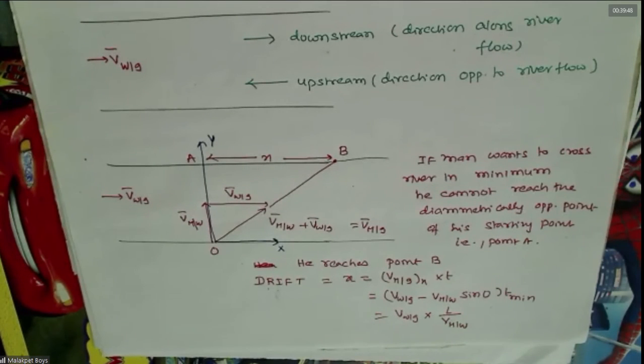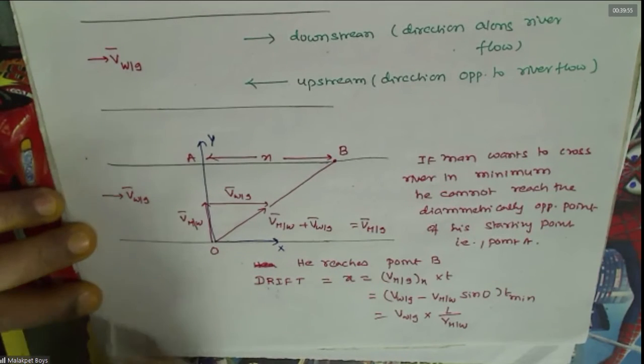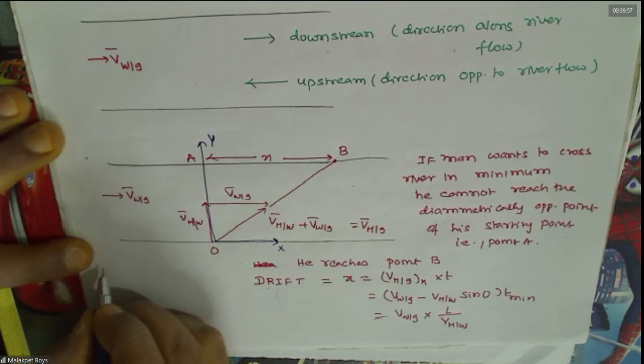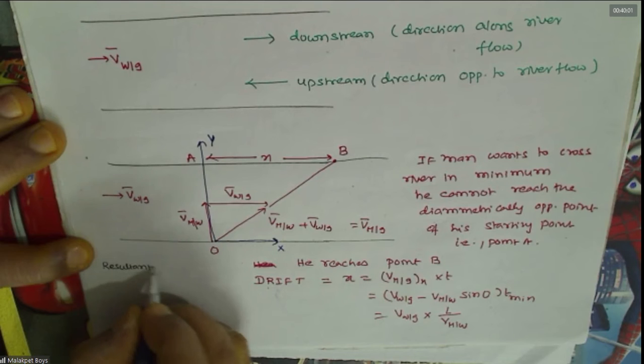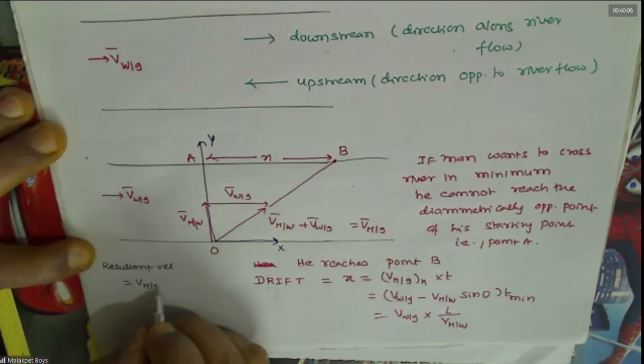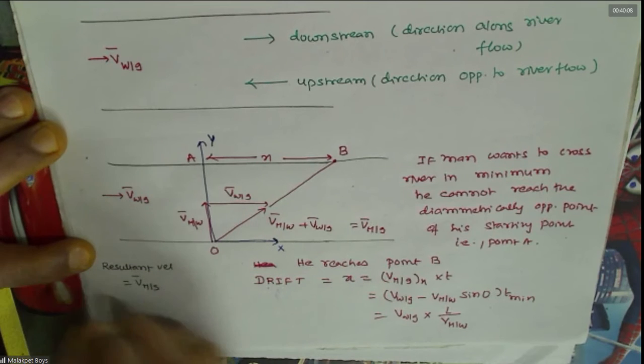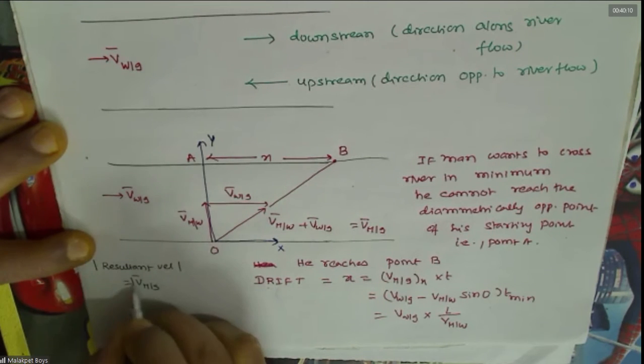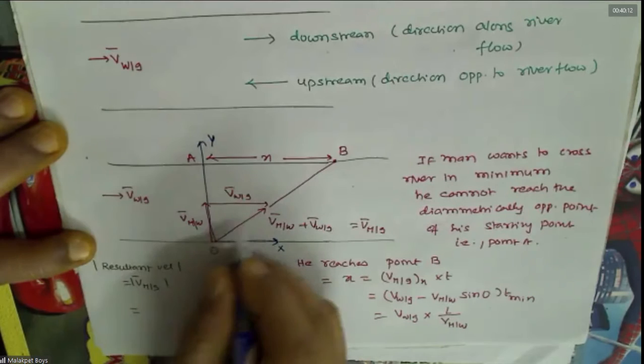Now you can see the resultant velocity with regard to displacement. So resultant velocity means the velocity of the man with respect to the ground. Magnitude you can take. Now they are perpendicular only, no?